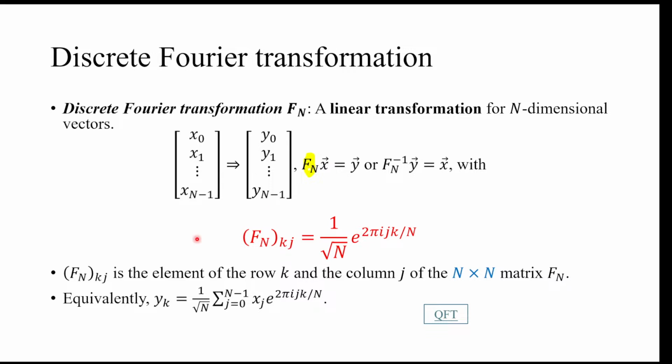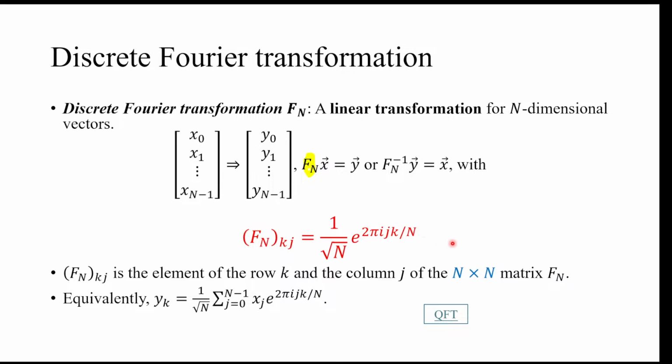Fn is written here. The discrete Fourier transform is a bit different for everyone, but they all have a similar form. For the n-dimensional discrete Fourier transform, you can write down the matrix element of Fn: it is 1 over square root n, some normalization, times a really interesting complex number, e to the 2 pi i jk over n.